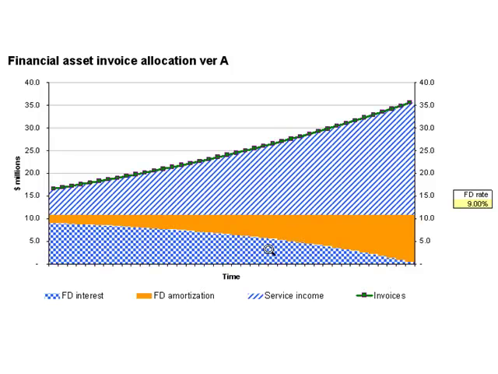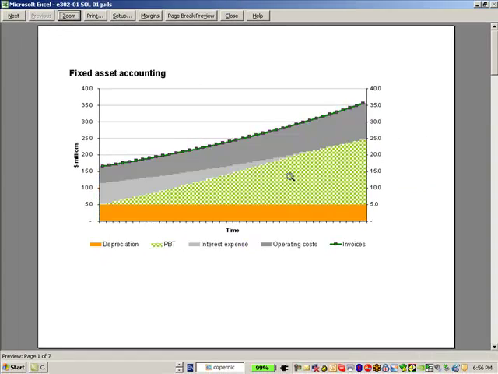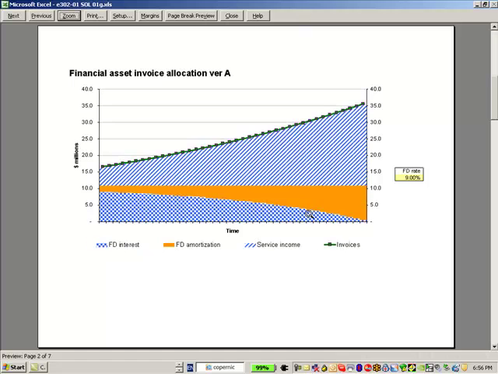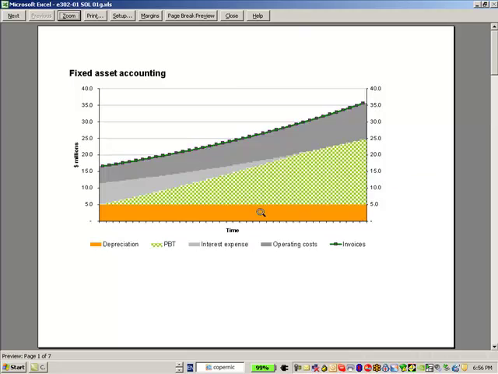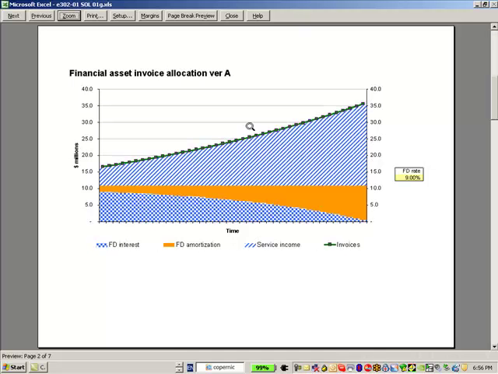So the 2 blue bits are really the only elements that go to the profit and loss statement. The orange bit is like depreciation in the sense that it is excluded from the income statement, whereas depreciation is actually a physical subtraction under fixed asset accounting. Okay, so this is the makeup of the invoices from the customer under financial asset accounting, FRS 5. It's one way to look at it where we focus on those 3 parts.